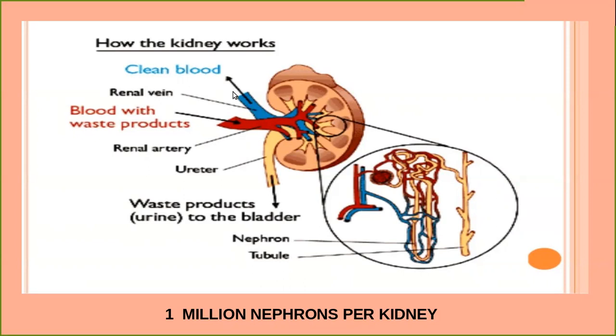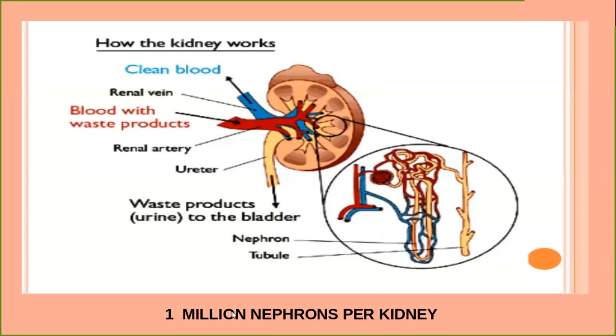For the process of urine formation, or the filtration of dirty blood, each kidney has millions of structural units. The structural units we can collectively call the nephron. Each kidney is made up of a large number of excretory units called nephrons.